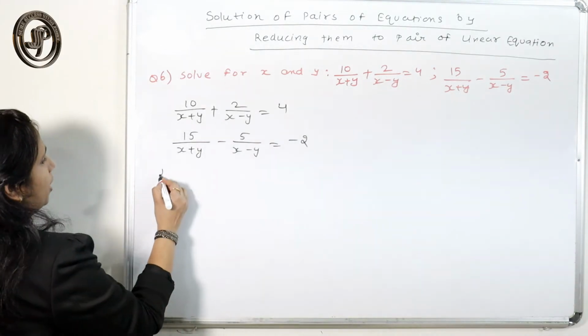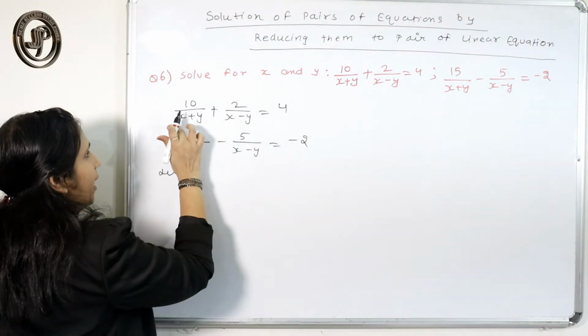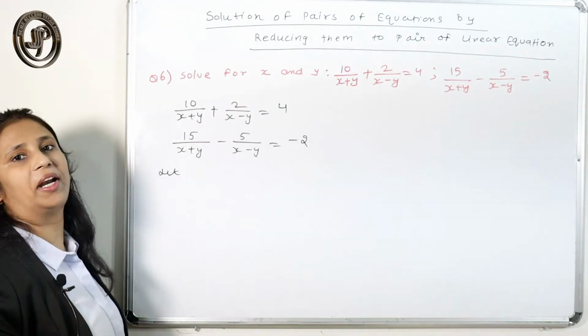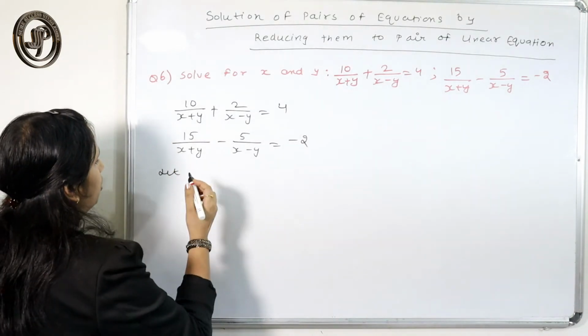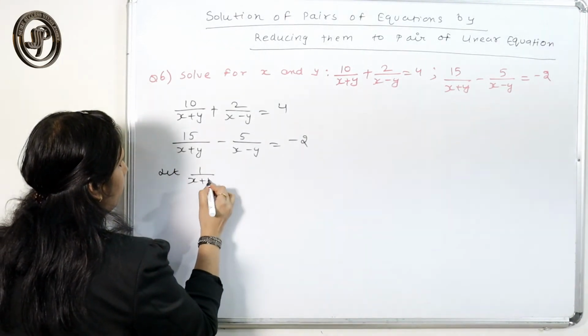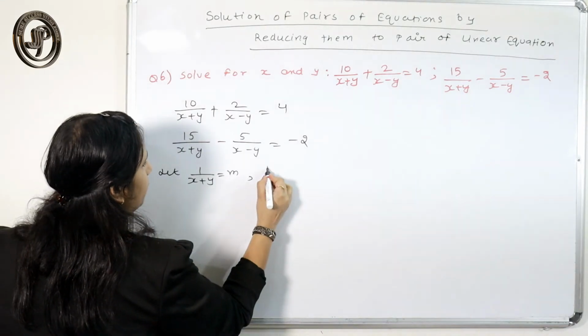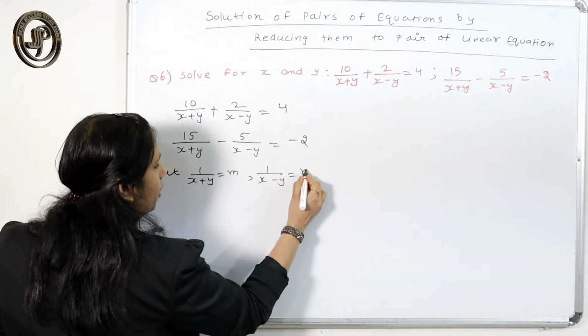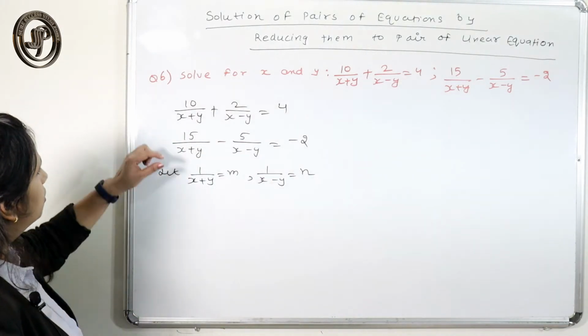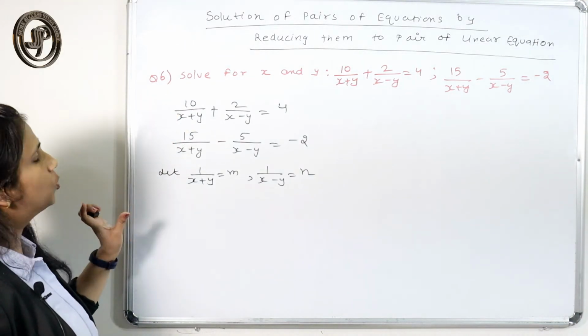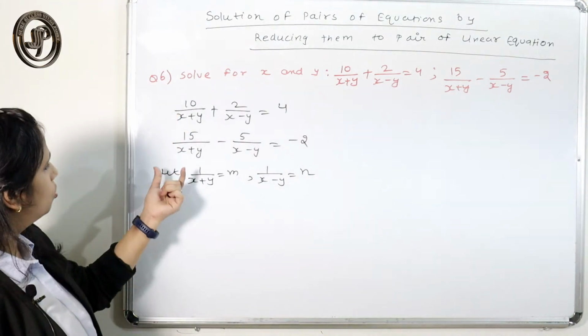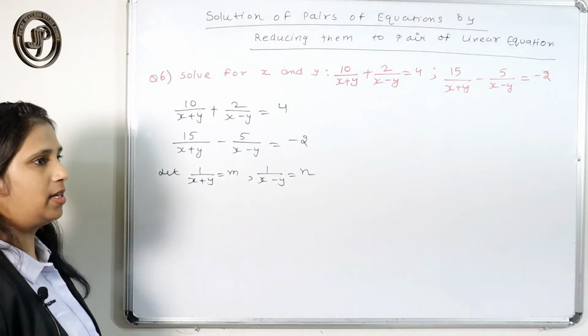Because here it is with x plus y, I can't separate x and y. So I substitute 1 upon (x plus y) whole as m and 1 upon (x minus y) whole as n, because if you substitute one thing, that is one variable only.